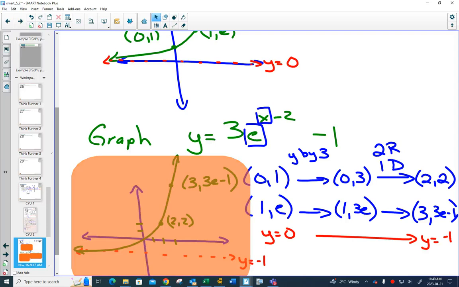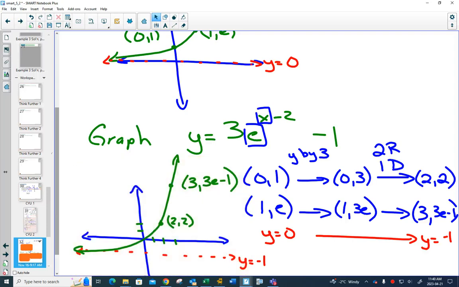Now, graphing this, you would have to draw in your asymptote. 2 comma 2 is easy, but 3e minus 1, you'd have to estimate. So 3 times e would be like 2.7 times 3, about 8.1. Subtract 1 off that. This point is approximately at 7.1 something.